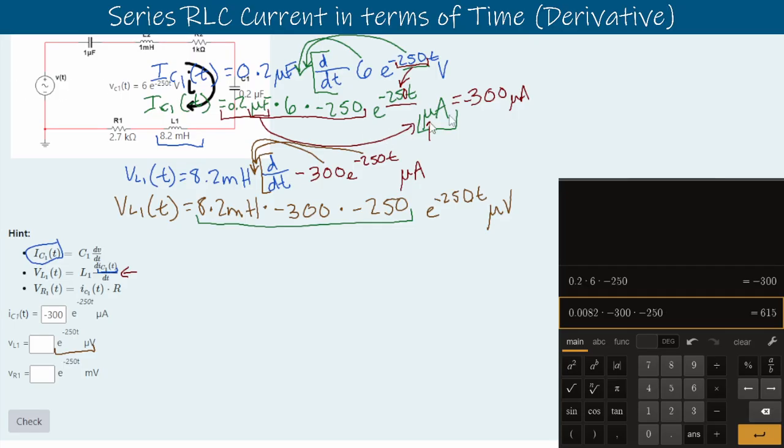So, oh, hold it. If we put all of these into micro here, we've got 8200, and then this one is already in microamps here. We have to make sure we account for that microamps while we plug this in. So 8200, that's the millihenries in micro. We'll multiply that by negative 300, again milli to micro, and then we'll multiply that by 250.